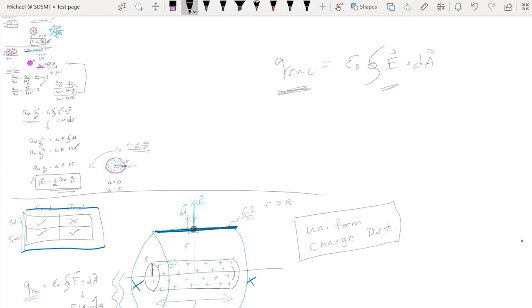So if we can take our knowledge of electric charge and use that to solve for the electric field in the system, can we go backwards and use our knowledge of the electric field to tell us how much charge is present? So that's what we're gonna try in the next video.